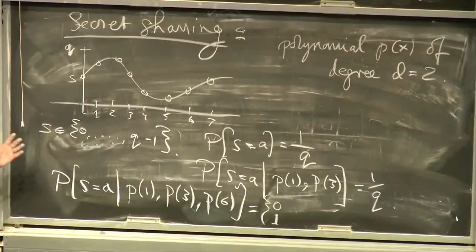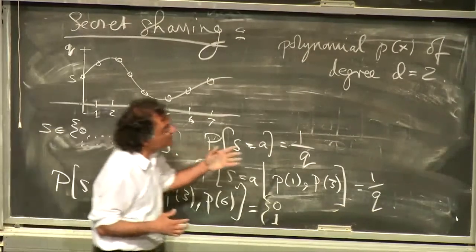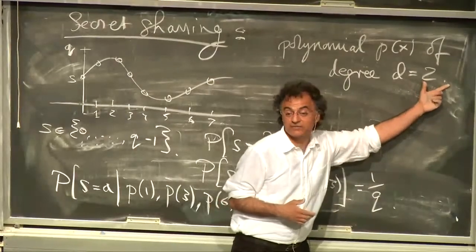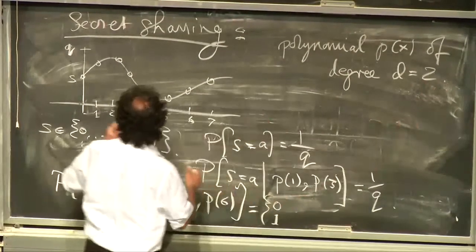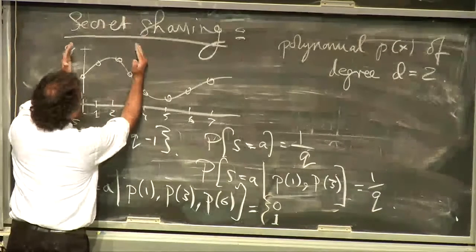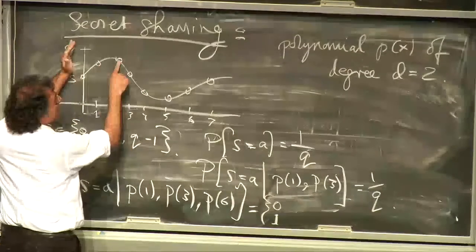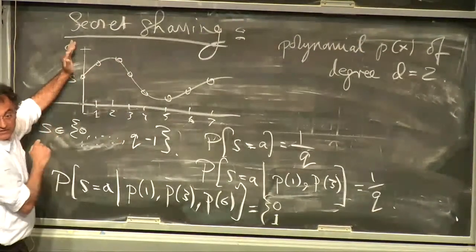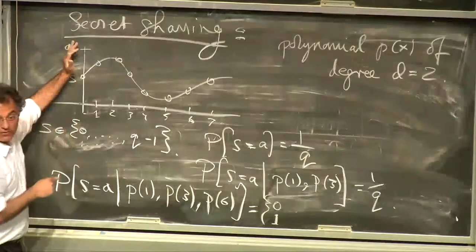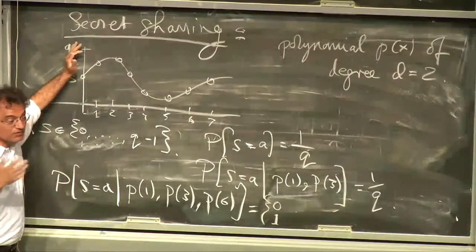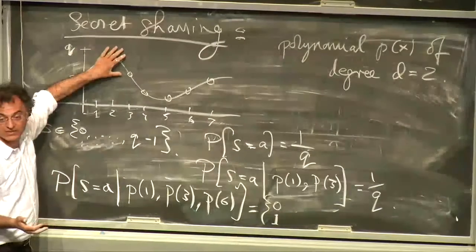Now what if I look at 4 of them all at once? Now the fact that it was a polynomial of degree d equal to 2 comes up. Because as soon as I know these first three values, I know exactly what the fourth one is. So the fourth one no longer looks random given the first three.